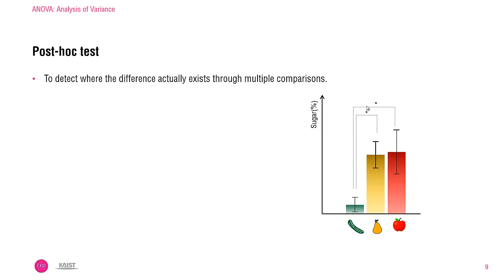So in this case, the average scores of pears and apples did not yield any statistical difference. Therefore, in order to identify where the difference actually exists, we need to conduct the post-hoc test.